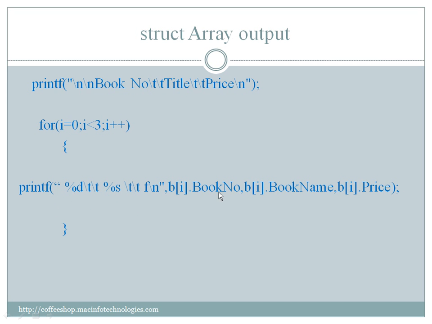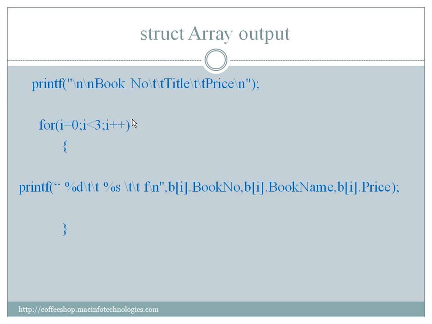So with %d, we print the value of b of 0 dot book number first, and we print 2 tab characters, and we print b of 0 dot book name in place of %s, and we print 2 tab characters, and then in place of %f we print the price. After that we print a new line character. So the cursor goes to the next line, and then the loop variable i increments to 1. 1 less than 3 is true.